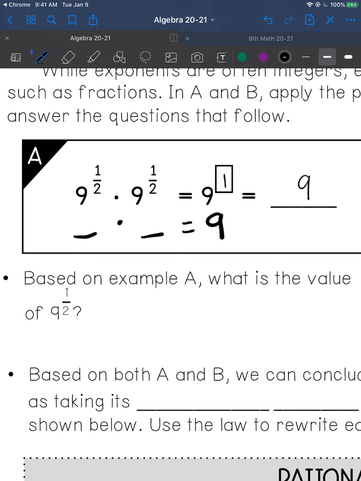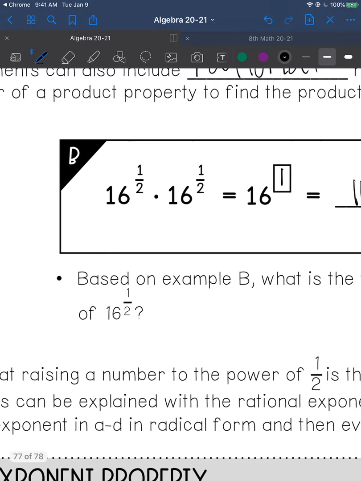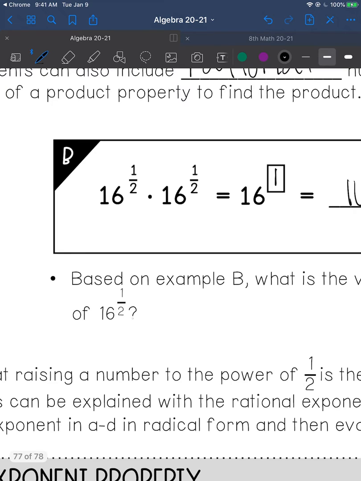Well, we know that if we take the square root of 9, that's finding what times itself equals that. We know that that's 3 times 3. So 9 to the 1/2 is equal to 3. Kind of the same concept over here. What times itself equals 16?